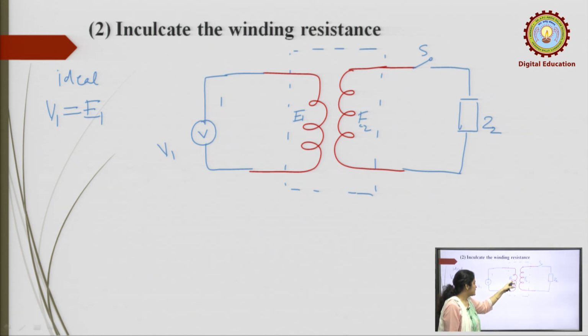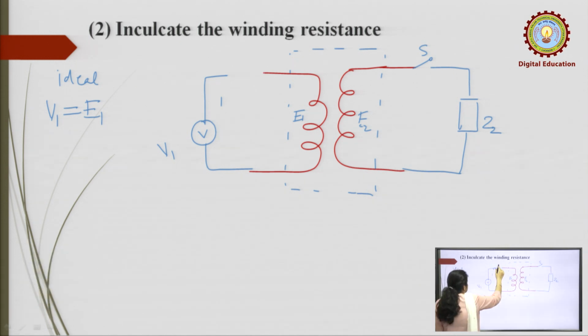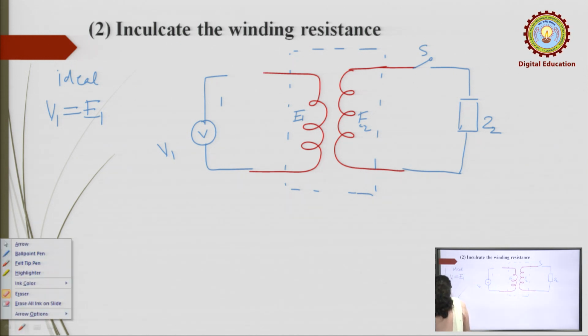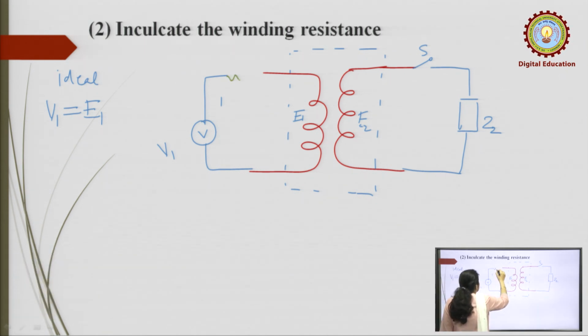But in a practical transformer, if you consider the winding resistance, it should be in series, and we consider it as small. Suppose this is R1.